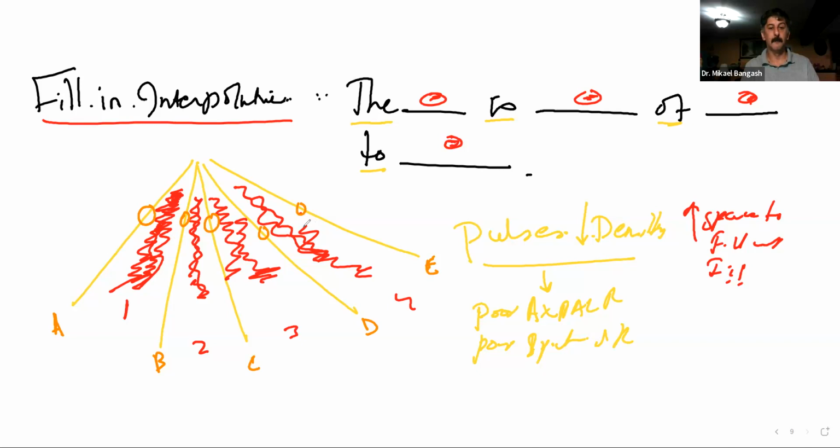There's going to be a lot of space between pulses that are practically not being scanned, or not being bombarded with a pulse. Did that make sense?